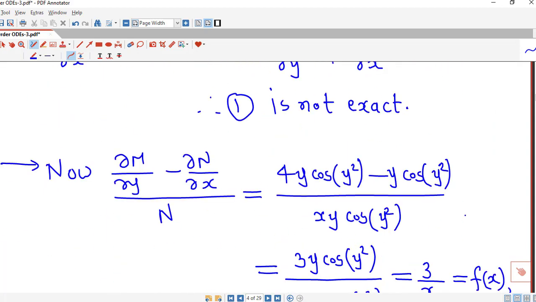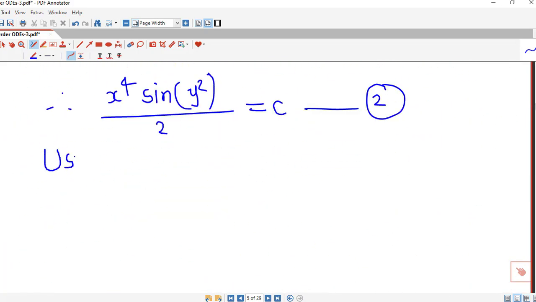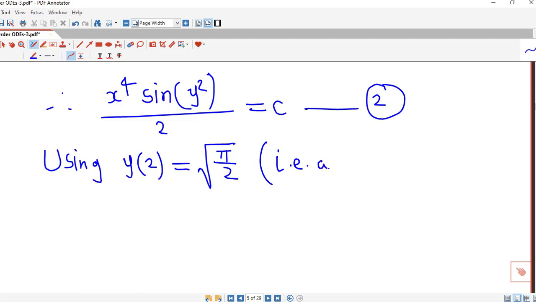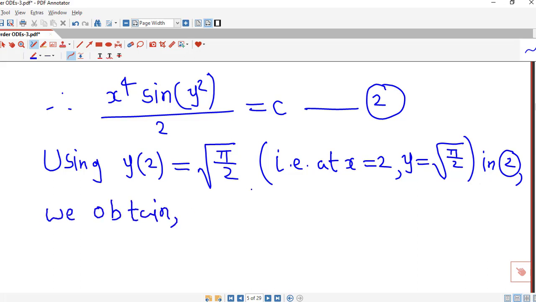So we use this initial condition in the general solution, equation 2. We will put x equal to 2 and y equal to square root of pi by 2.